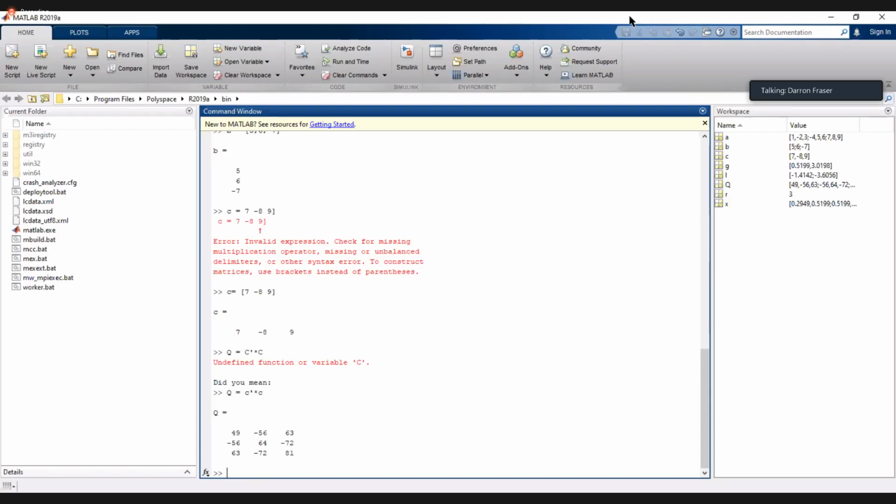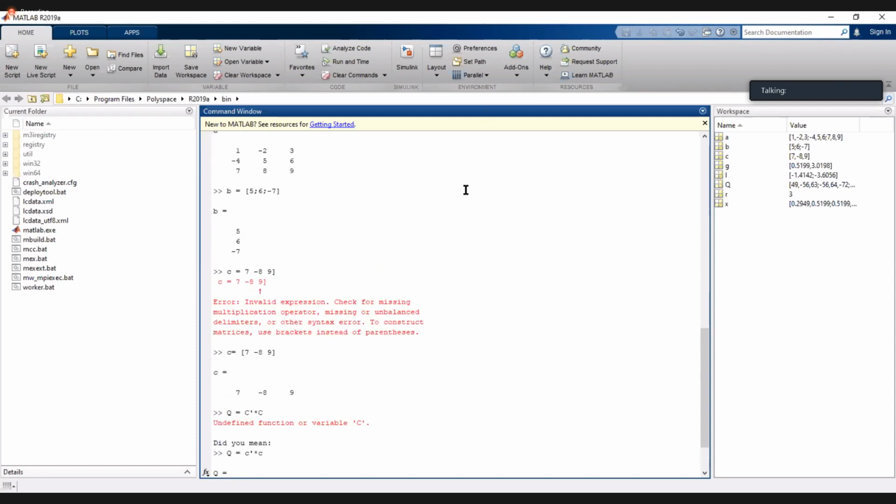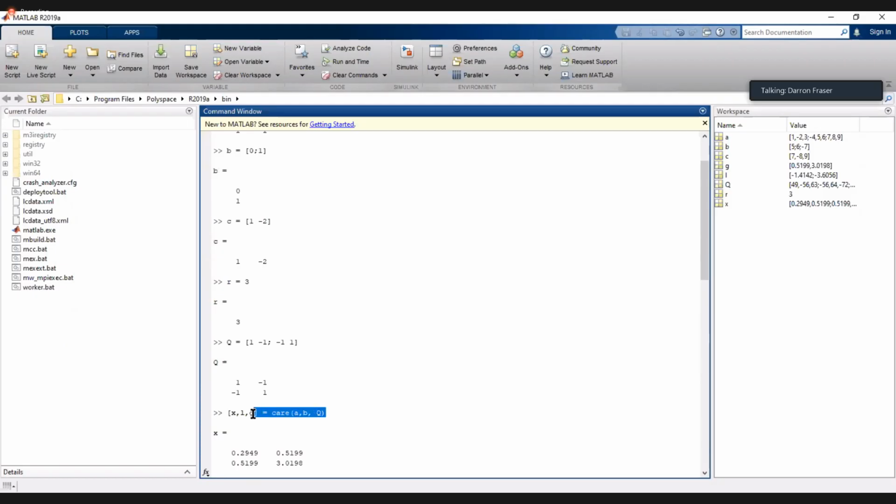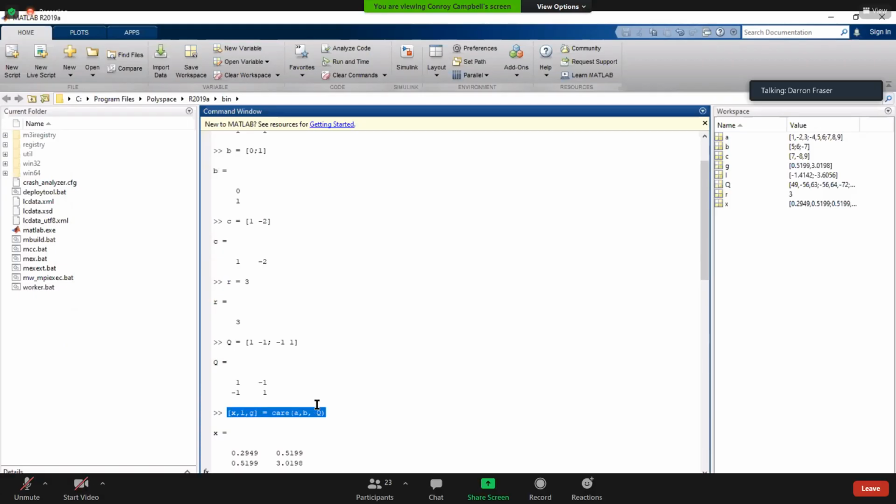Wonderful for MATLAB. All right, so now type in the care function and we'll see what it is that they're not recommending. So this is just the XLG equal care.